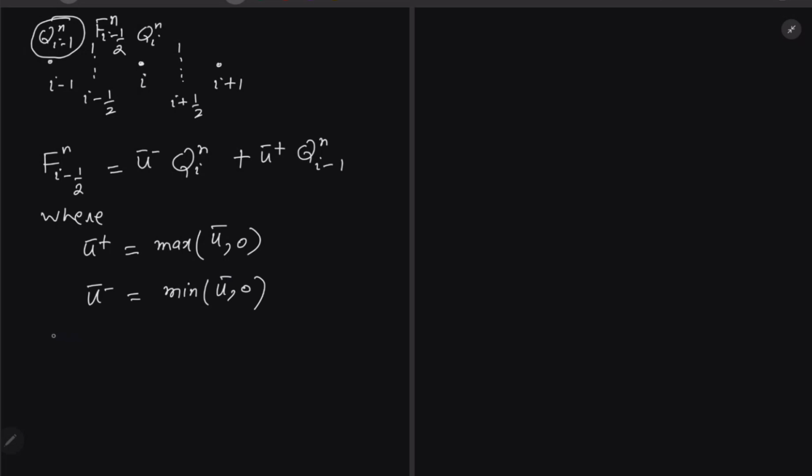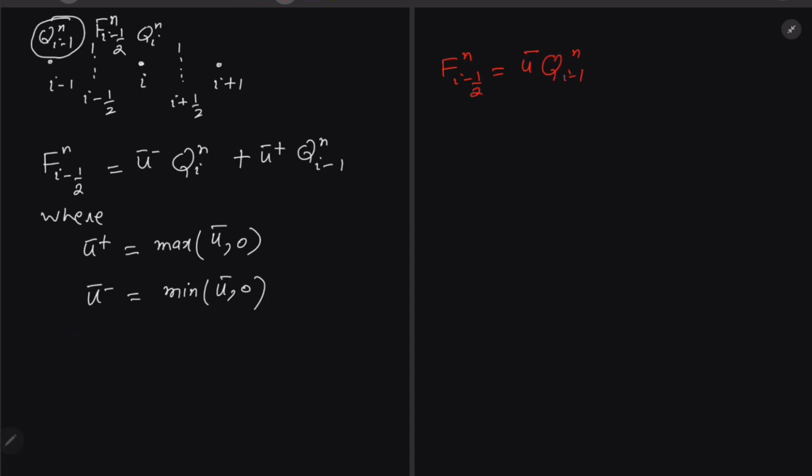Now, for example, we should know that the answer for fn I minus 1 half is u bar Qn I minus 1. That should be the answer.